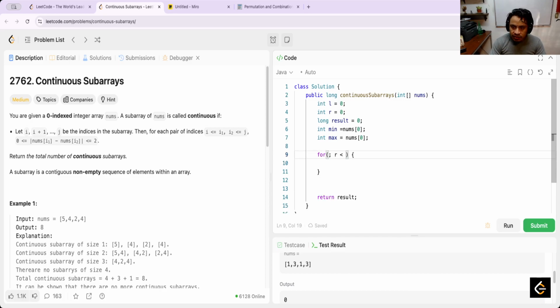While r is less than nums.length, r++. Okay, min is equal Math.min between min and nums at the position R, and it's the same with the max. And now I need to get the difference.